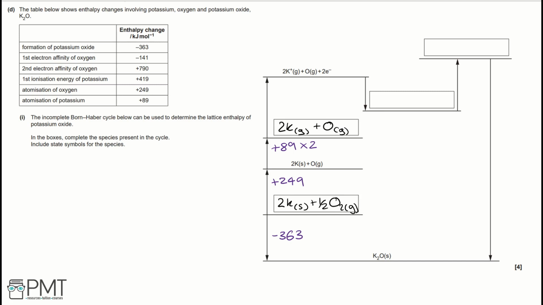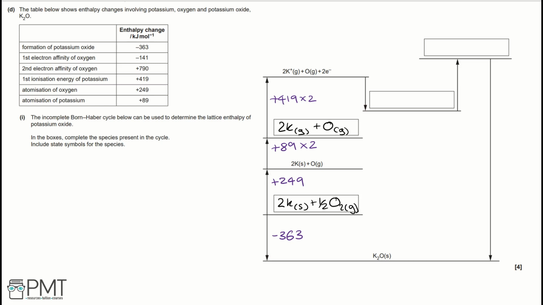Labelling our other arrow, that's the first ionization energy of potassium, because we're forming a K plus ion. So that means we're going to label this plus 419, and we're going to multiply by 2 again because there are 2 potassiums involved.